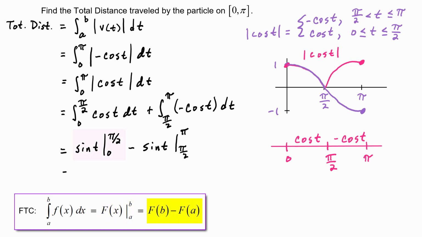Simplifying, we get sine of pi over 2 minus sine of 0. That's this first simplification. Bring down this minus sign. And then here we have to evaluate sine of pi minus sine of pi over 2.